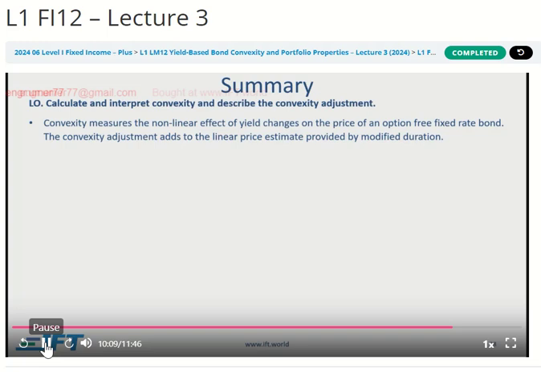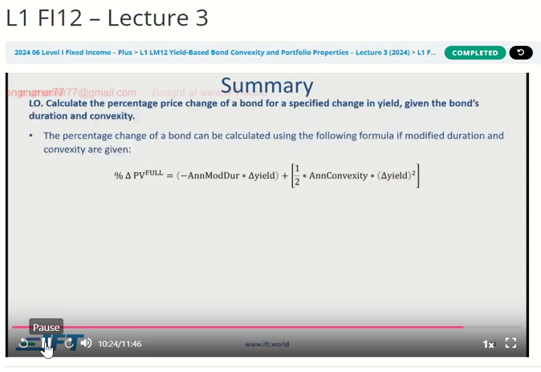Right. So here's the summary of this learning module. Number one, we talked about the changes in price of a bond being non-linear. There's a convexity there, and we need to have a convexity adjustment for that. We looked at how to go about doing that.